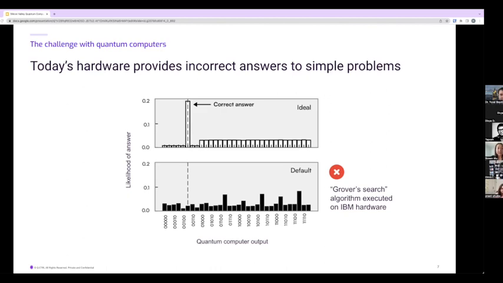And Grover's search is basically a quantum algorithm that is akin to finding a needle in a haystack. It's a form of unstructured search that basically helps to detect, in this case, a single bit string across a totally unsorted stack of additional bit strings.